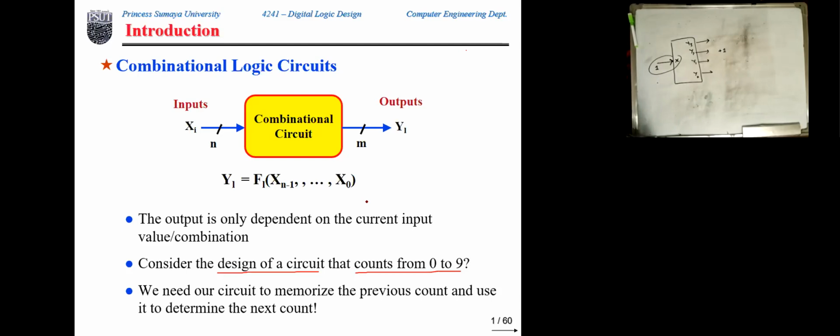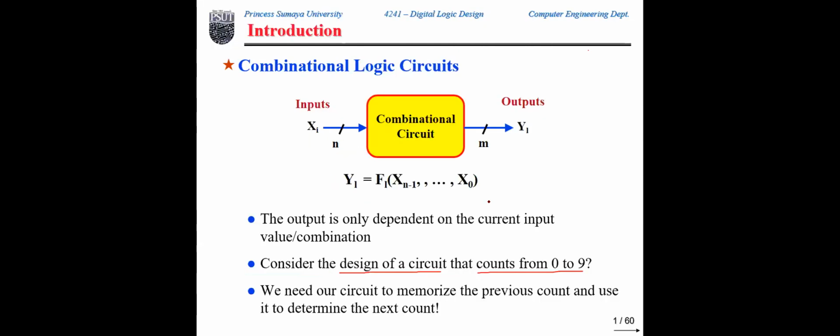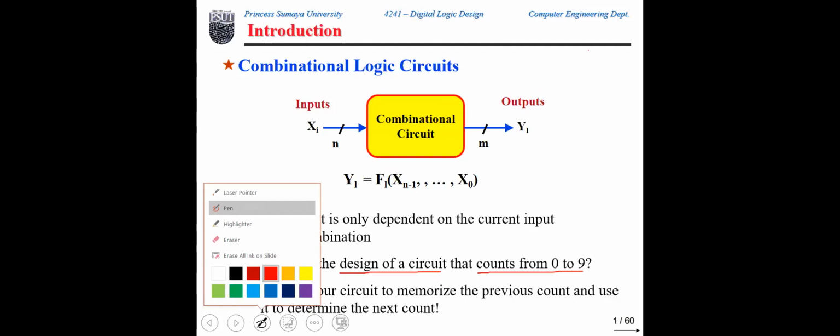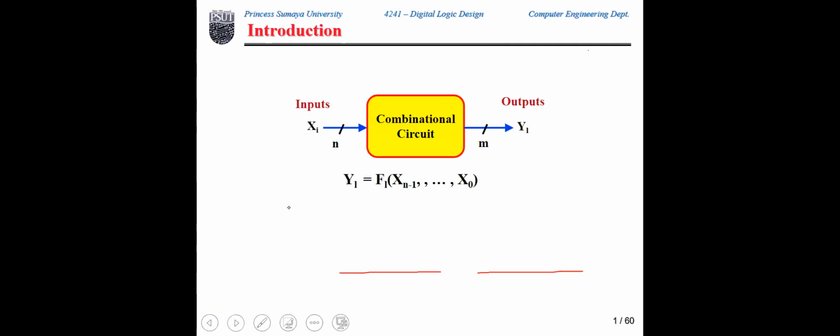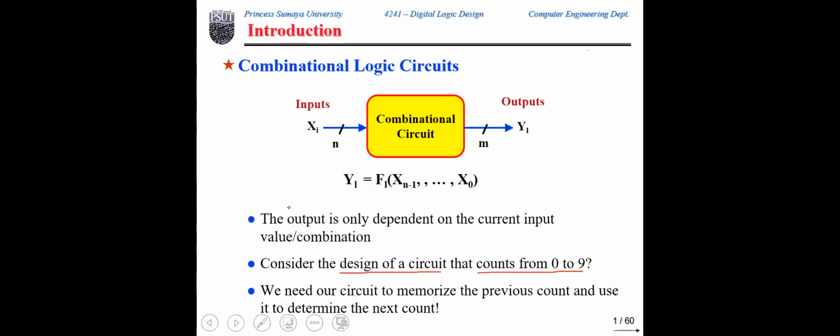Combinational logic circuits will not be useful if we want to design this counter circuit, which counts from 0 to 9, or any other circuit that has similar behavior. What behavior am I talking about?